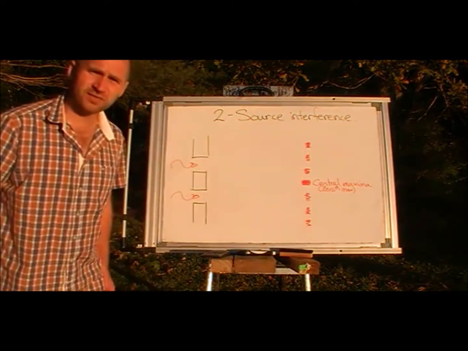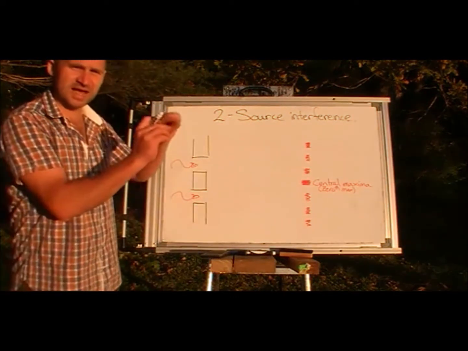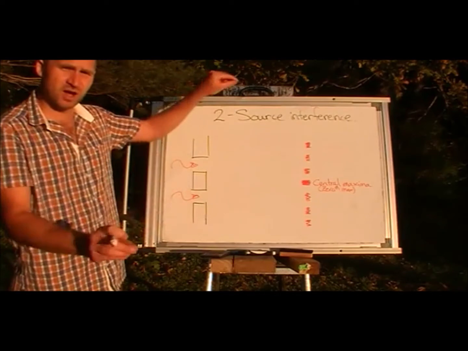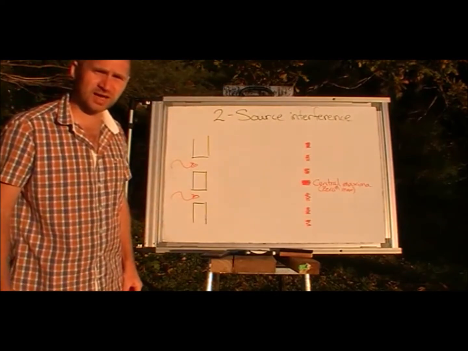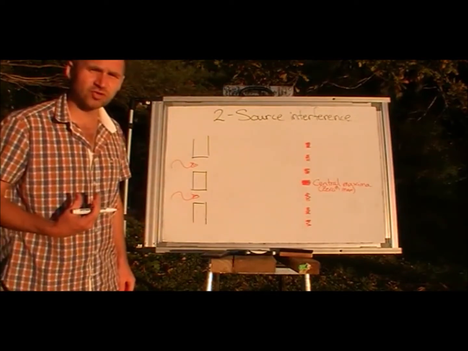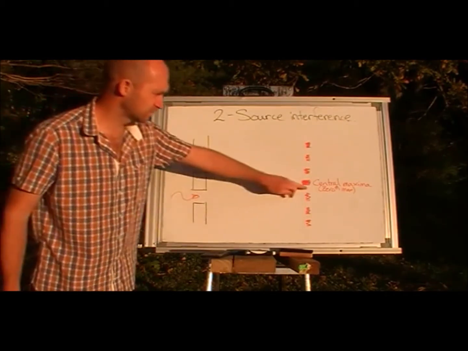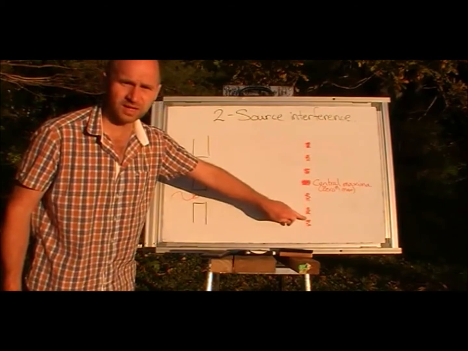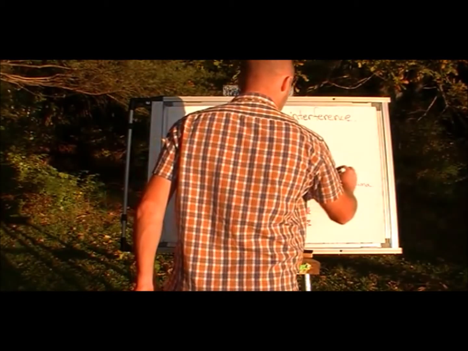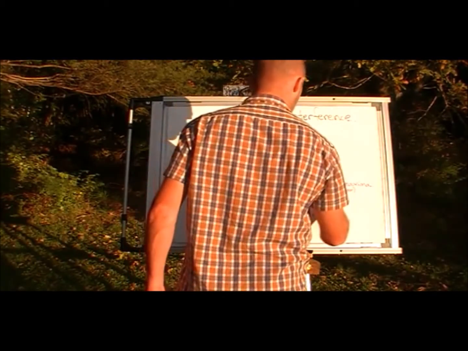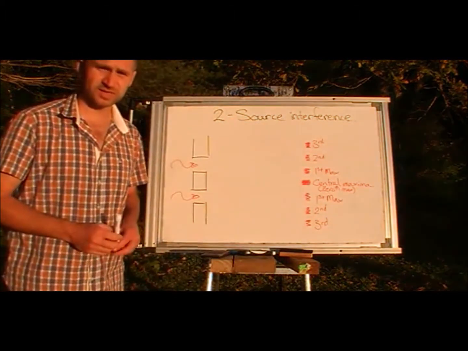And then on each side of that central maxima, we see a symmetrical pattern of other maxima spreading out from it, getting gradually less and less bright, and in between them, nothing. So it's exactly like that.